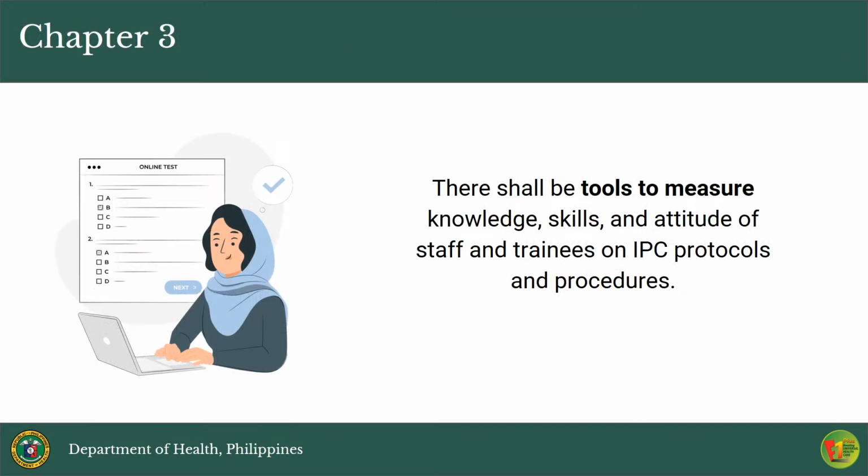Finally, there shall be tools to measure knowledge, skills and attitude of staff and trainees on infection prevention and control practices and procedures, for example, equipment disinfection methods, when and how to isolate patients, after the implemented training.